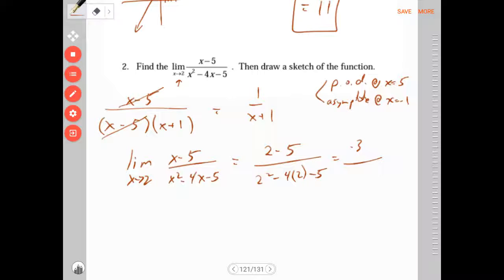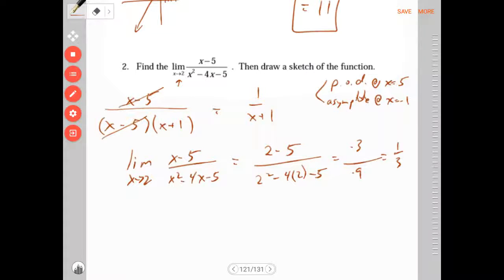So that's negative 3 on top. 2 squared is 4, and 4 times 2 is 8, so 4 minus 8 is negative 4. Minus 5 is negative 9, so that is going to be 1/3.